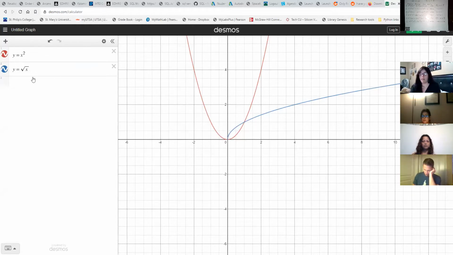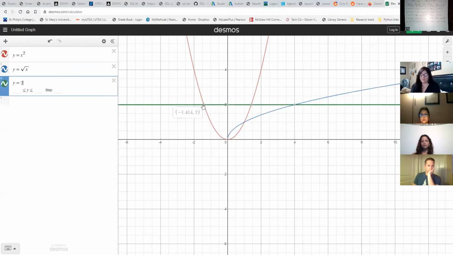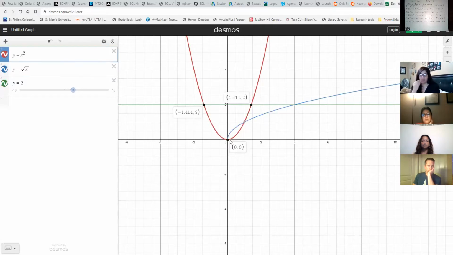You see how if I were to draw a line anywhere, let's say y equals 2, it hits the red function twice? Because of that, we can't define an inverse without restricting the original function. But if we only look at it from this point to here, then the inverse will exist, and it will be the square root function.